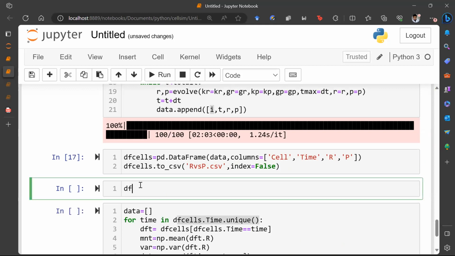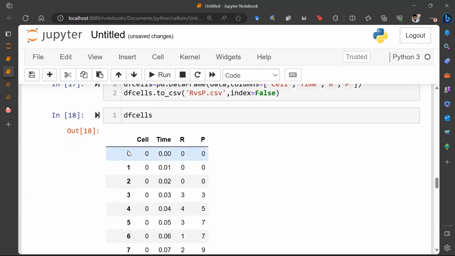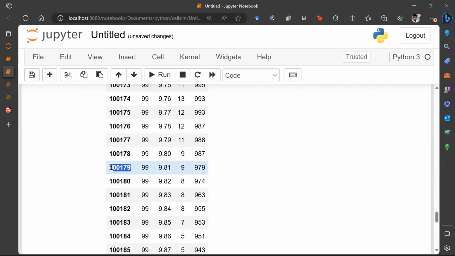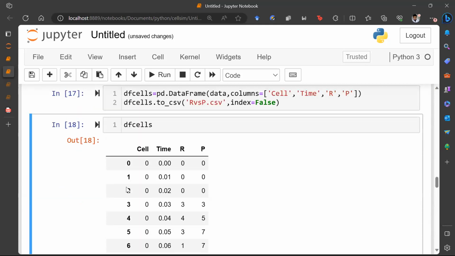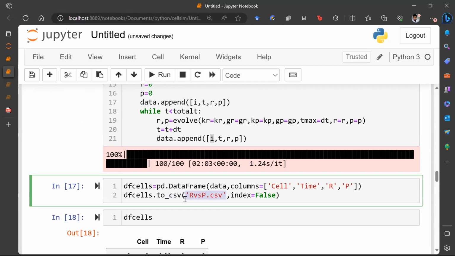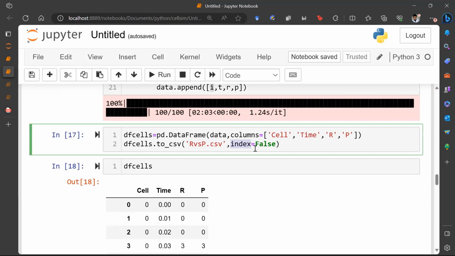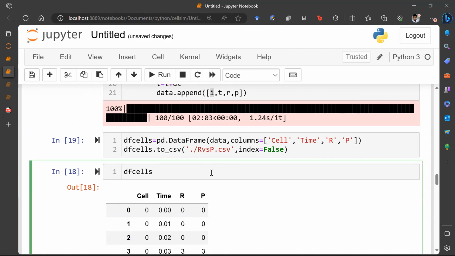Usually the data frame has this additional column called index. So this index gives you the number of the row. If I save it with the standard, this is gonna save this row that personally I don't care about. So I put here index equal to false, so that when I read this file again, it doesn't have the index.